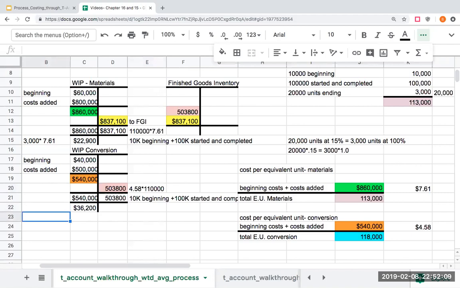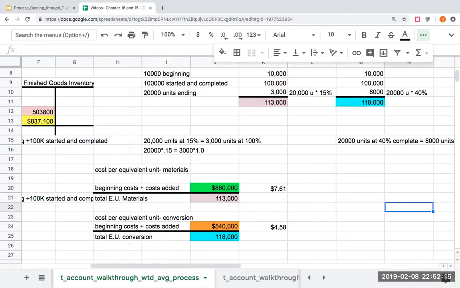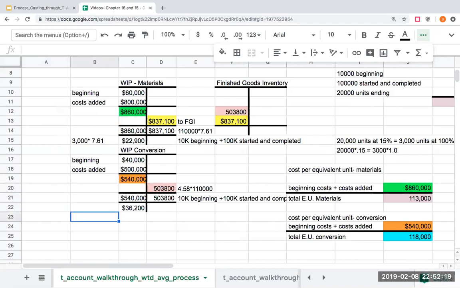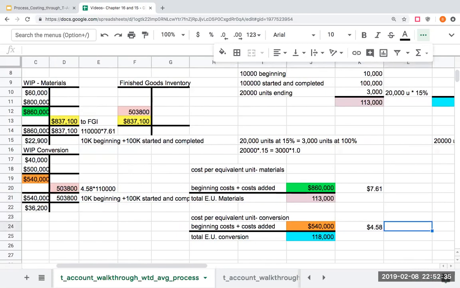And when we have 36,200, is there a way I can check my work? Right over here, I'm going to have 8,000 units. So this is going to be 8,000 units times 4.58. When I do 8,000 times 4.58, I get 36,640. I'm off slightly in my check calculation just because I used messed up numbers.